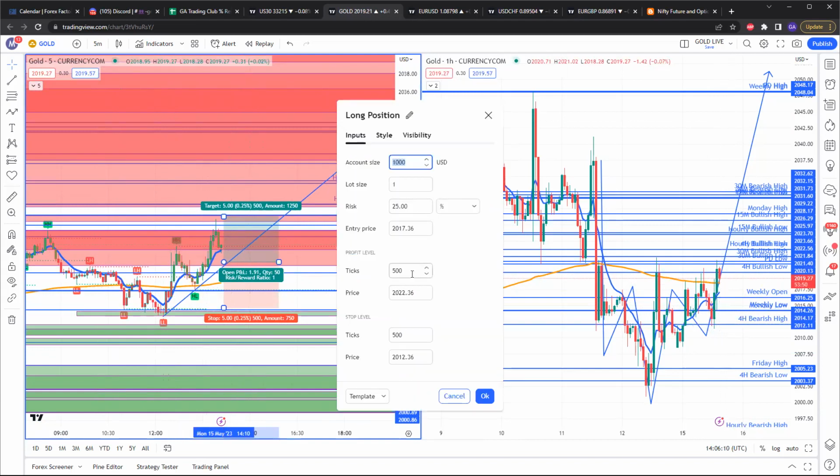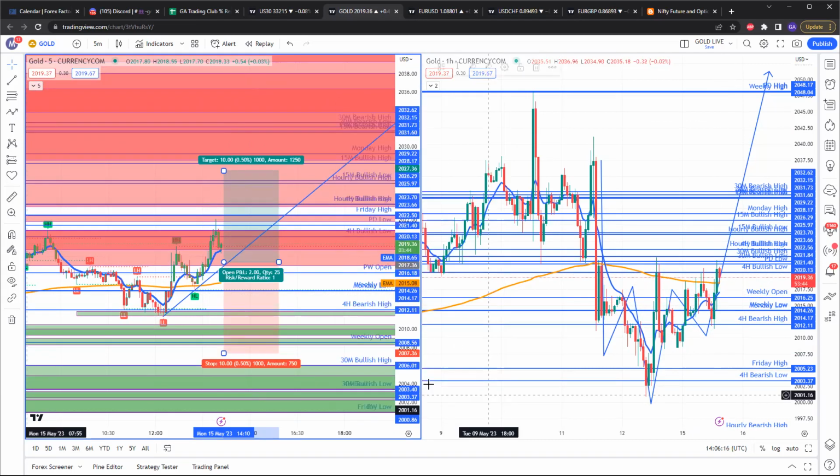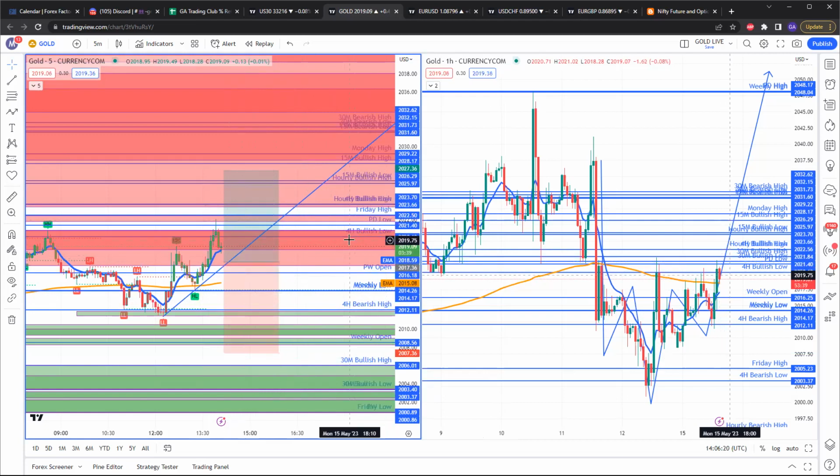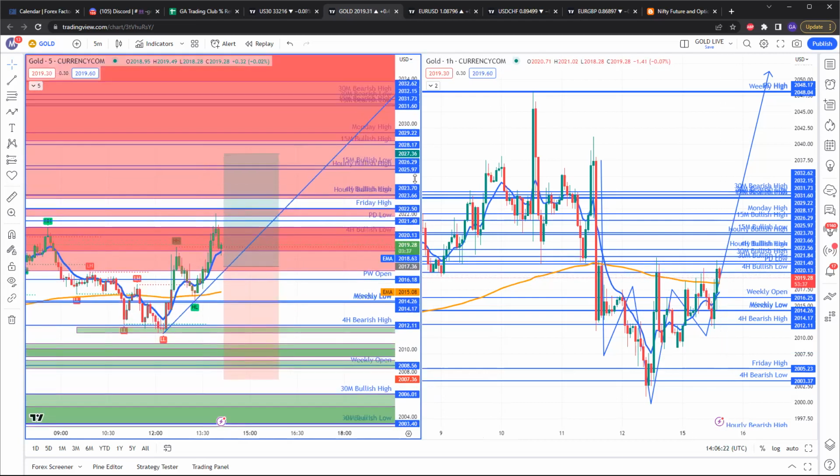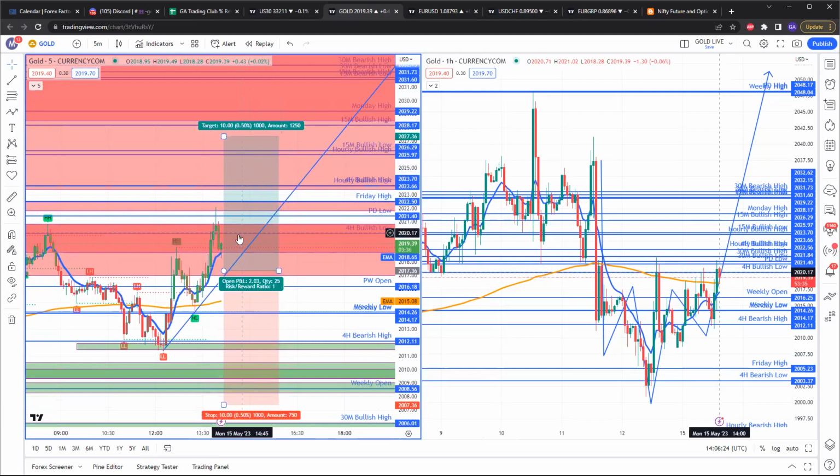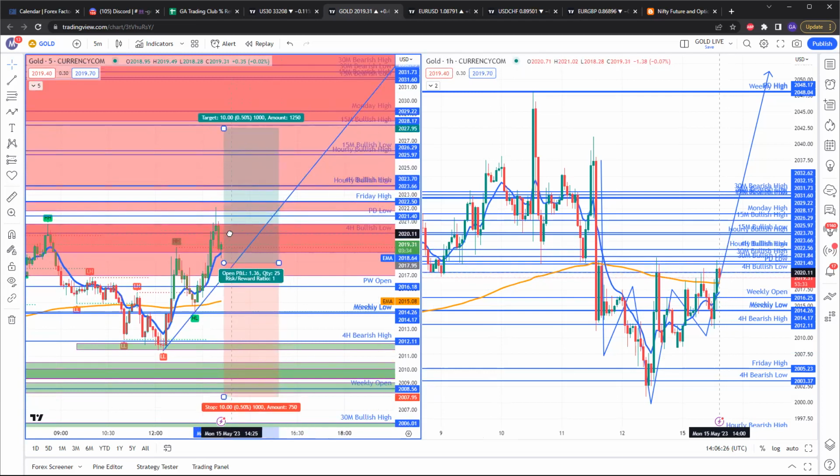So this might possibly be a 100 pip trade. So you can still risk the same amount of money by using 50 pips TP, 50 pips stop loss, but for me this one, and given that this is a 4-hour bullish low, I'm expecting a spike in liquidity at this point. So I'm going to wait on this trade.